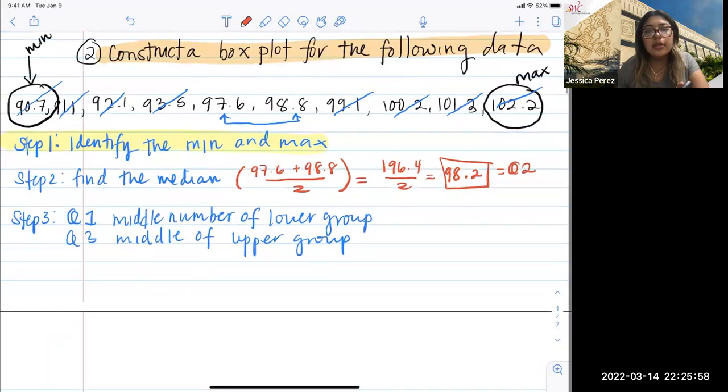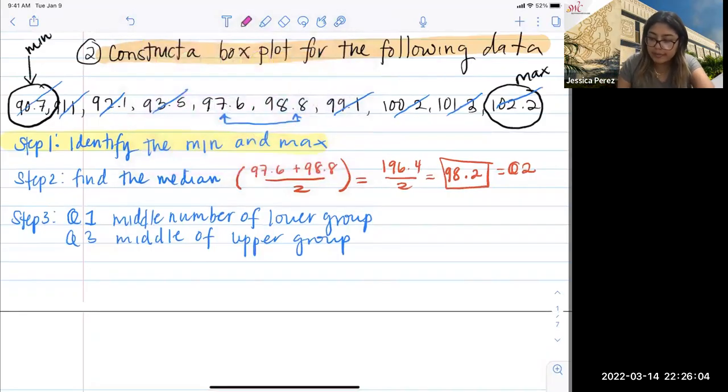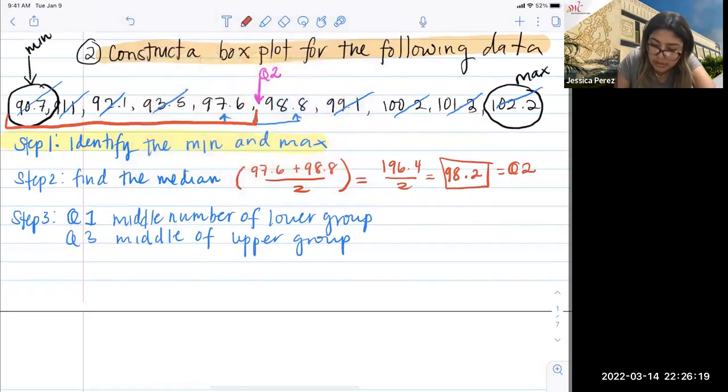Now to find Q1, it's the middle number between... so if I have here my Q2, I'm going to find Q1 by finding the median of this lower half. So then I have here 98.2, which is right here.